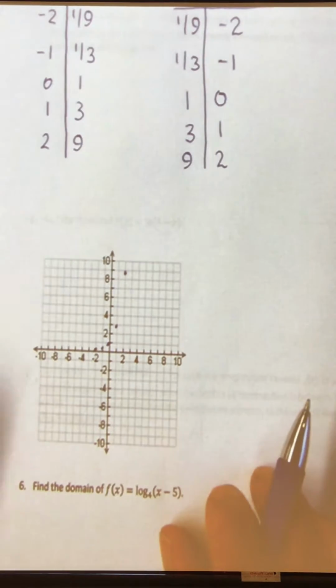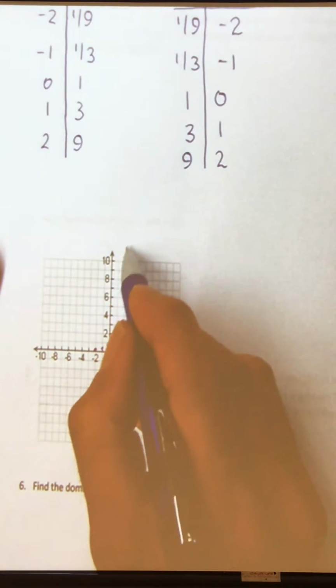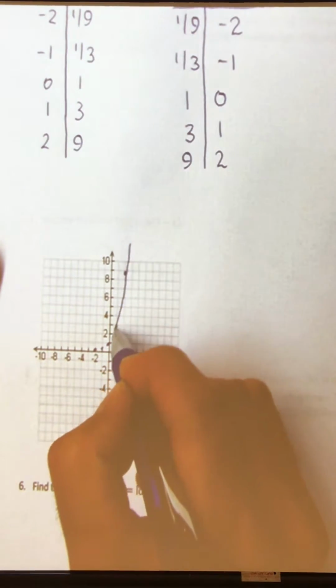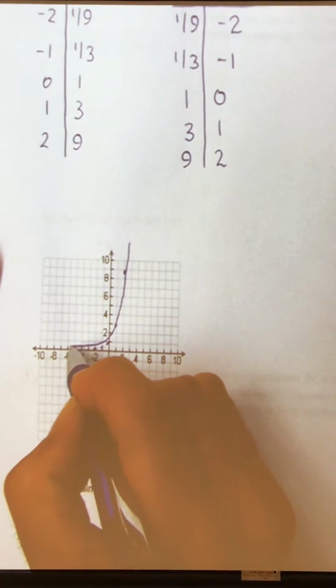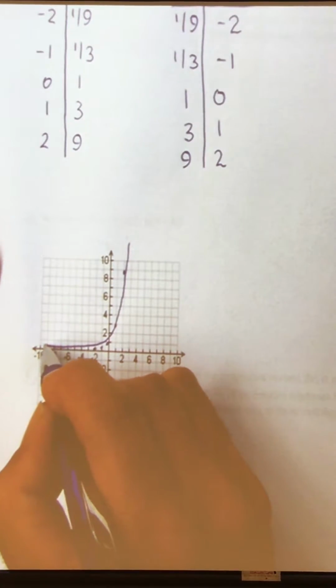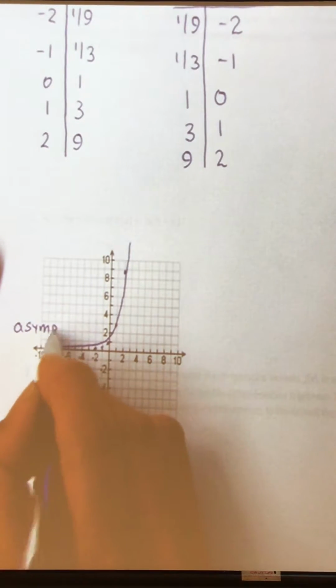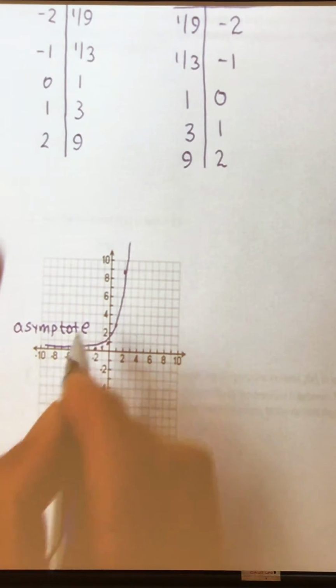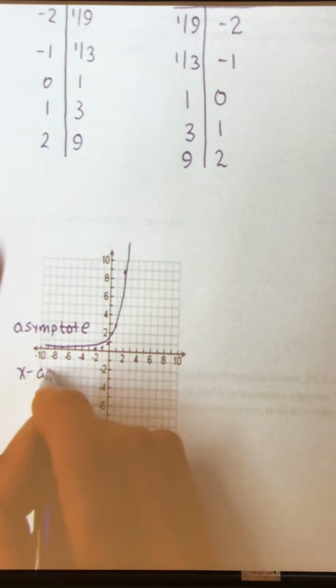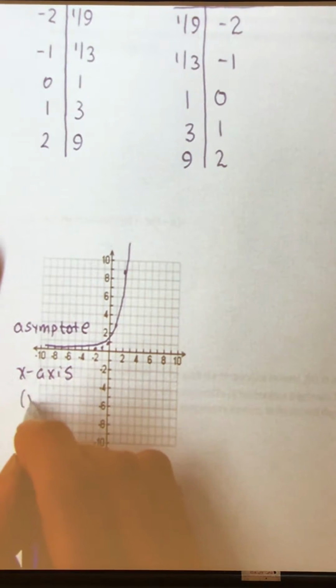And we'll connect those with a nice smooth curve, giving us the graph of the function f of x. Now I'm extending f of x here in the negative direction because we have an asymptote, which is the x-axis, or in other words, y equals 0.